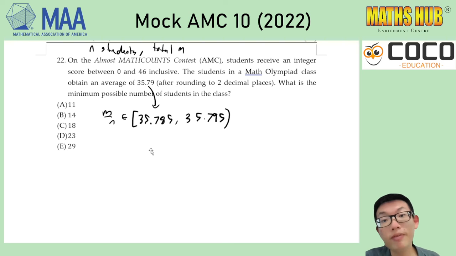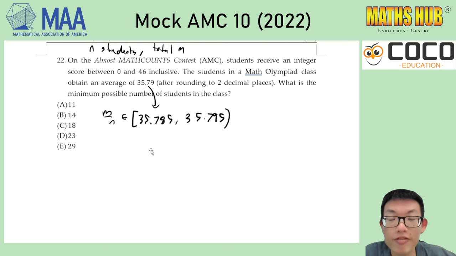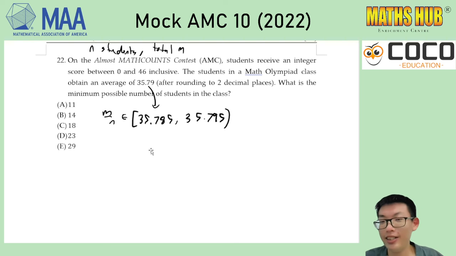Now, I want the minimum possible number of students in the class. Now, it is not very difficult to have an average of 35. I could have one student getting 35. The difficulty is the decimal place. Right? If let's say I only had 2 students, I could only have either an average of an integer or something 0.5.